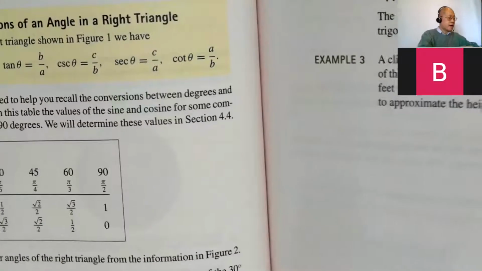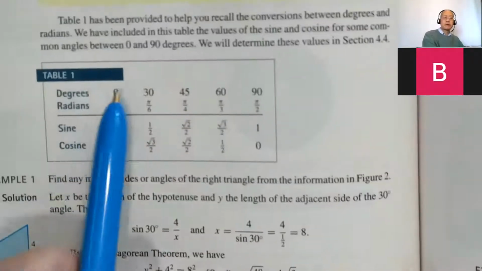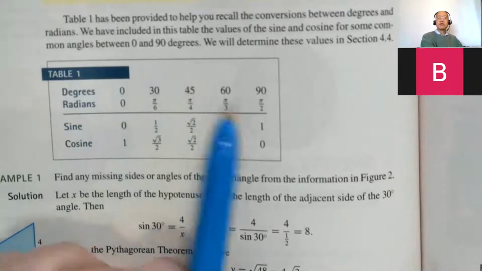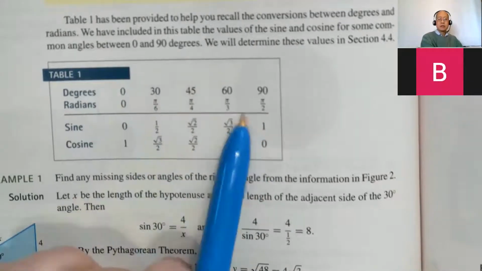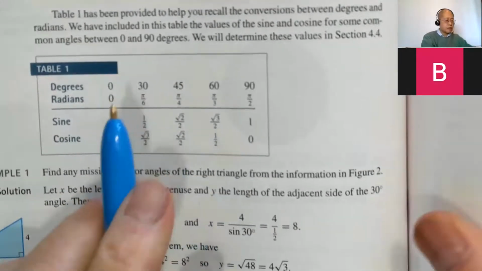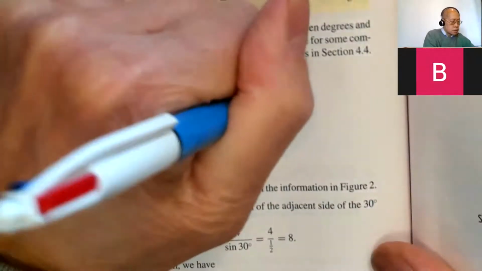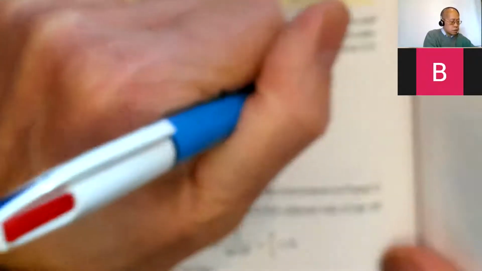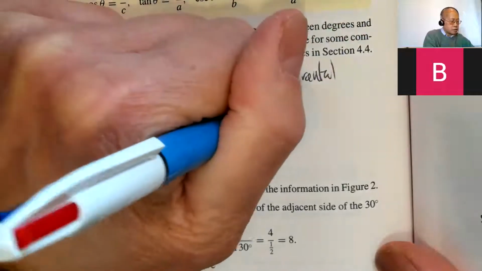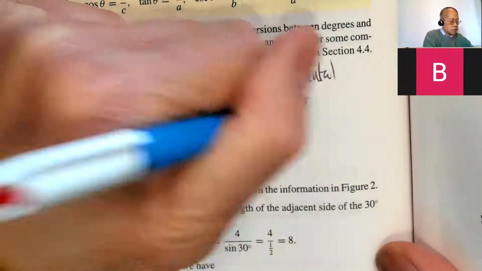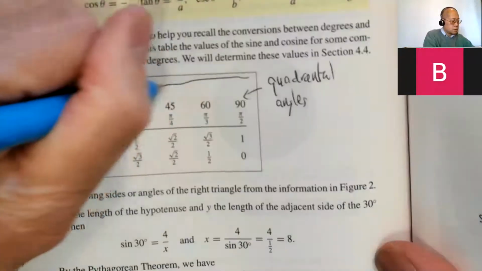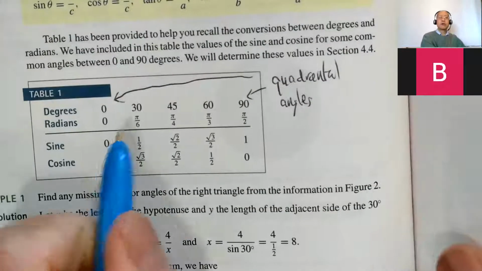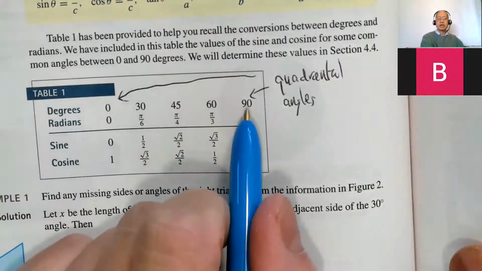All right, now, getting back to this table, I've talked about 30, 45, 60. What about 0 and 90? Sometimes called the quadrantal angles. They separate the quadrants. Zero degrees or radians, and 90 degrees or pi/2.